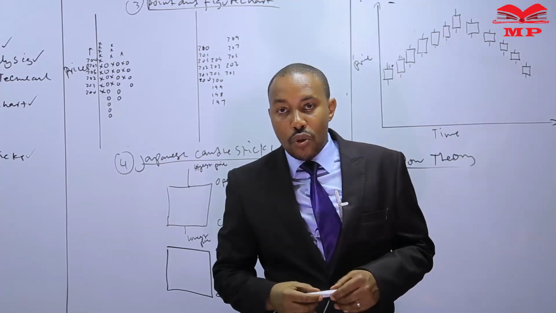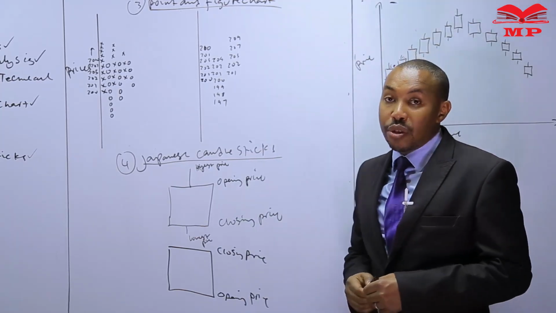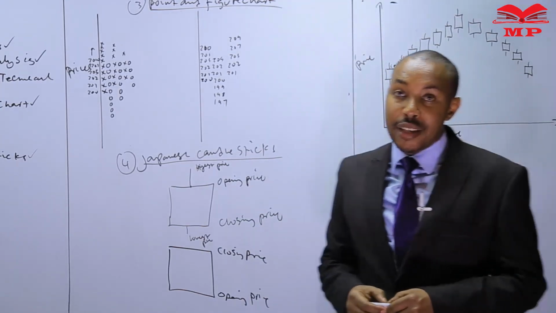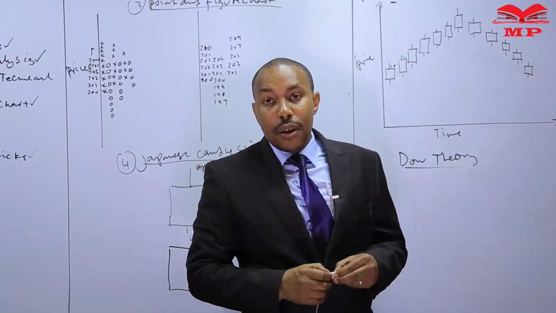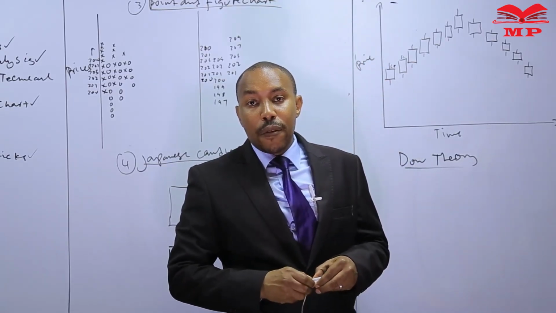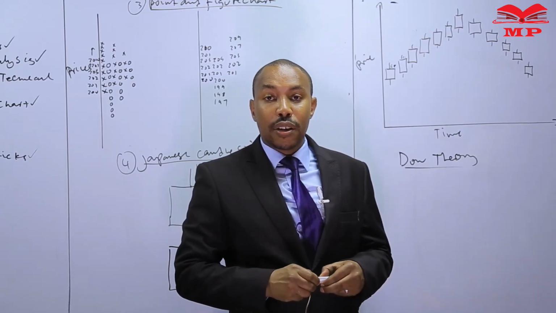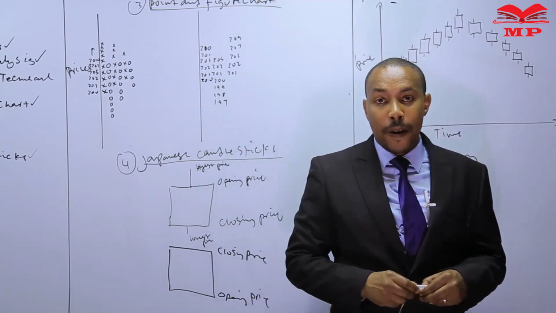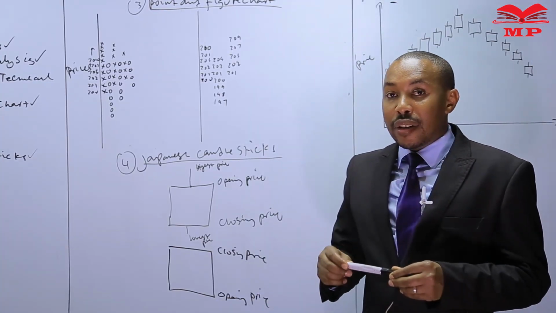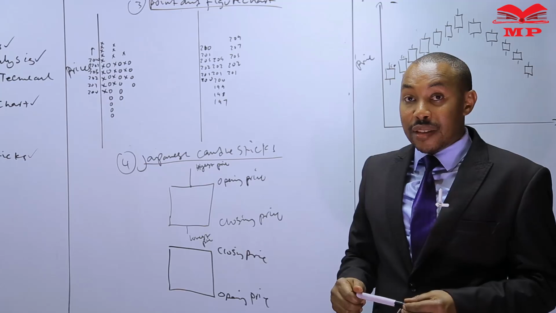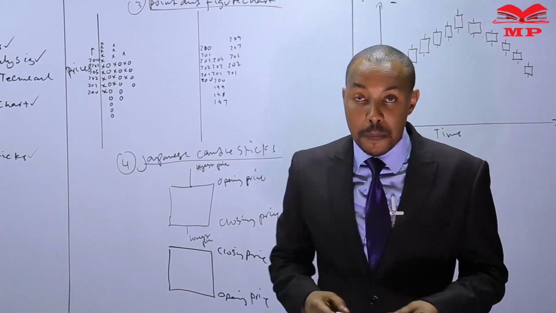Charles H. Dow was an editor of the Wall Street Journal between 1900 and 1902. Being an editor, he was the founder of the Dow Jones Industrial Average and the Dow Jones Transportation Average. Those are indicators that assist technicians or technical analysts to identify price movements.